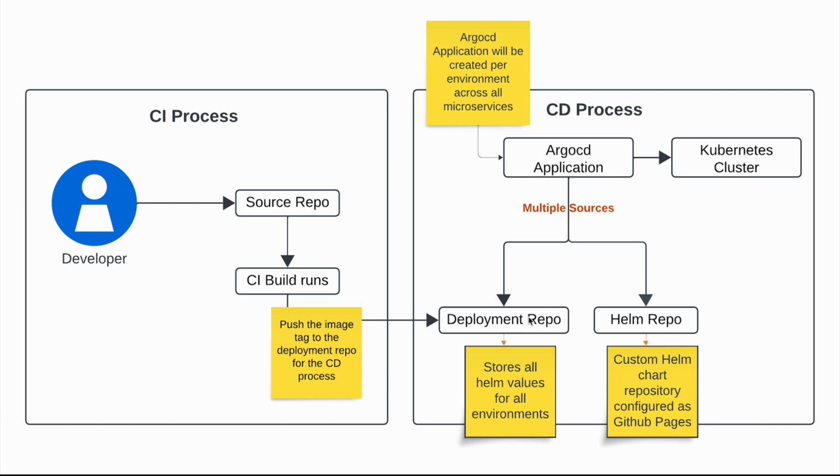And if you want to just trigger deployment job also, then also you have an option, right? Because you just want to change the replicas from 1 to 2, you really don't need a CI process for that, you just need a CD. So you can handle that also.